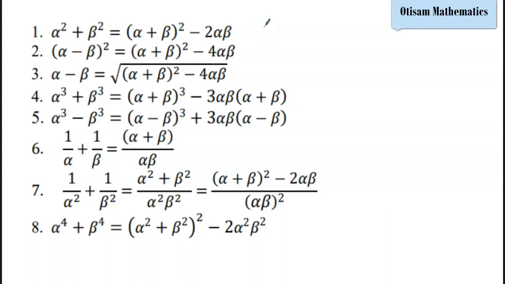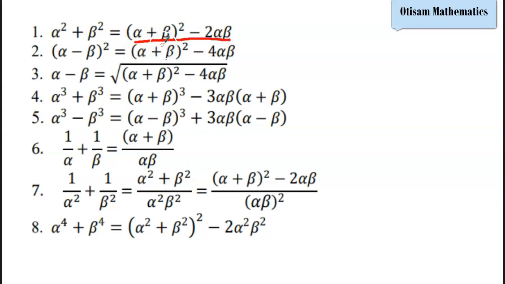There are some useful expressions that we will need when we are simplifying symmetric function. Now I want you to be very careful here that if you have alpha squared plus beta squared, it is the same as alpha plus beta all squared minus 2 alpha beta. Why this?